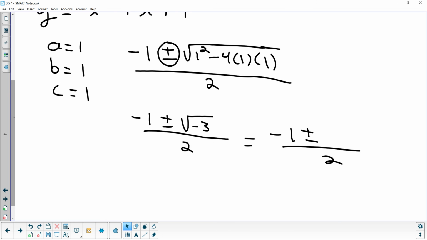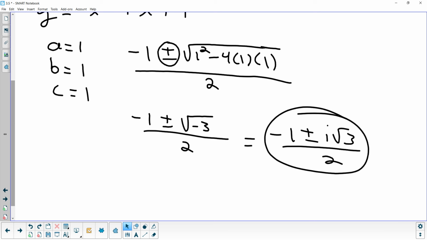And what's the square root of negative 3? This was one of the first things we practiced with imaginaries. Sarah? I square root. Good. I square root 3. So that's perfectly fine. You can leave your answer like that.